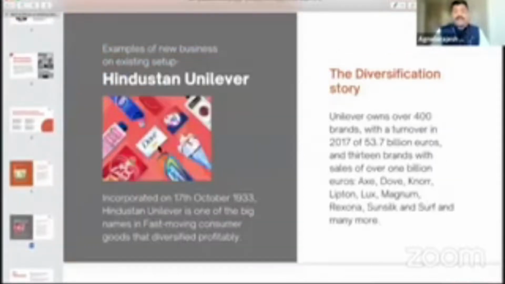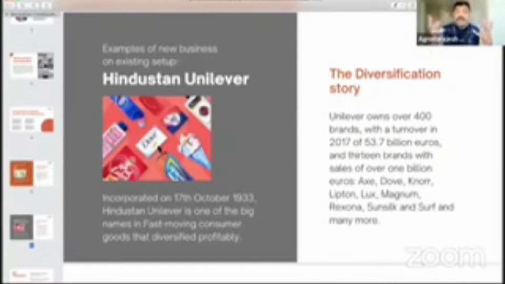Another example is Hindustan Unilever. The diversification story is very interesting for Hindustan Unilever. Unilever owns over 400 brands with a turnover in 2017 of 53.7 billion euros. That's huge. 53.7 billion euros and 13 brands with sales of over 1 billion euros.